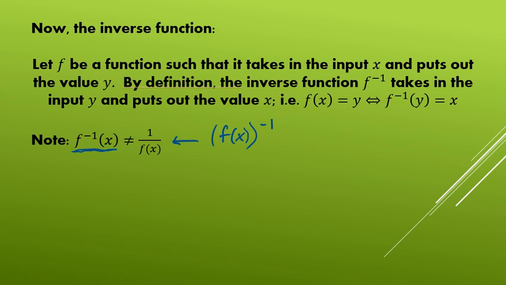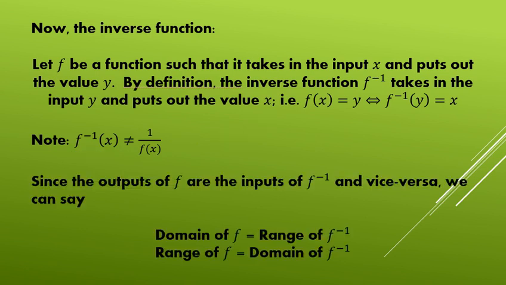Now, I stressed how f and f inverse work. F takes in an x, spits out a y. F inverse takes in that y and spits out the x. So basically, all the outputs of f are the inputs of f inverse, and vice versa. All the outputs of f inverse are the inputs of f.